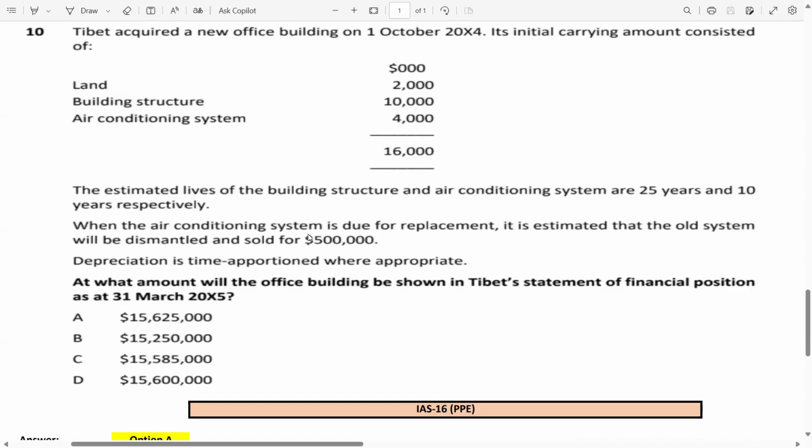This is not the disposal proceeds, this is the residual value. Again repeating, this is not the disposal proceeds, this is the residual value.